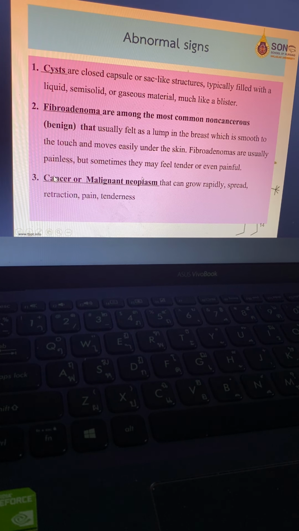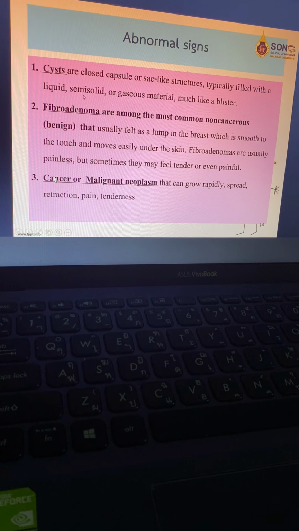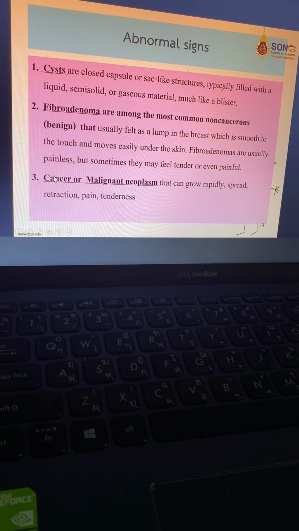That is important for the diagnosis of breast cancer. So we must be able to tell how a cyst is, how benign is, and how cancer or malignant is. A cyst is a closed capsule or sac-like structure filled with liquid or semi-solid.